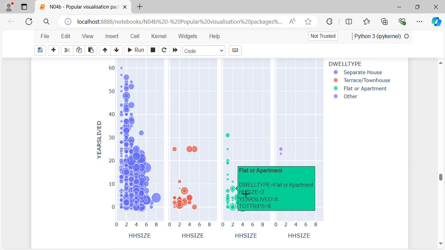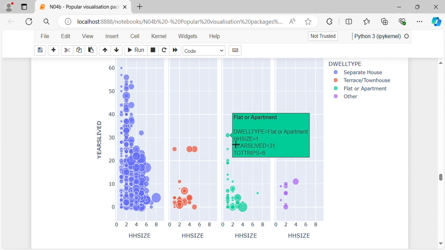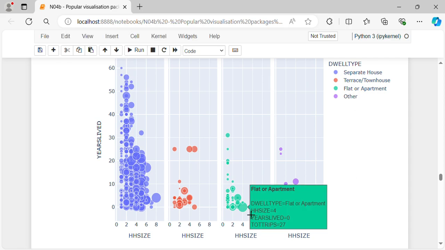And for the green ones, we can see that for the 0 to 2 household size, the years lived is about 30, 31 years, and the bubble size shows the total trips made. The larger the household size is, the years lived is much less, and there are more total trips made.